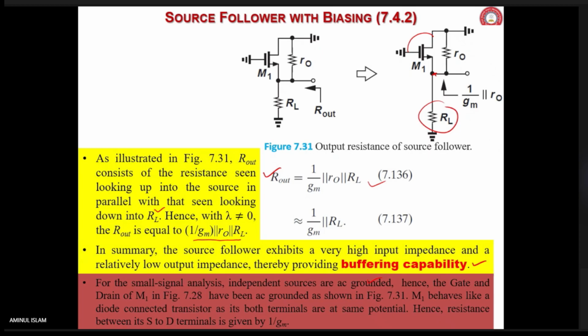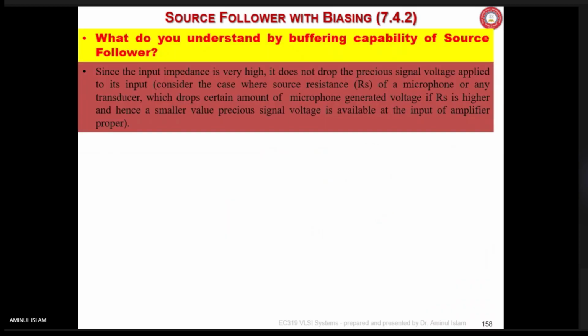Already understood. Okay. Suppose this is one amplifier, and another amplifier is here, and you want to connect them.